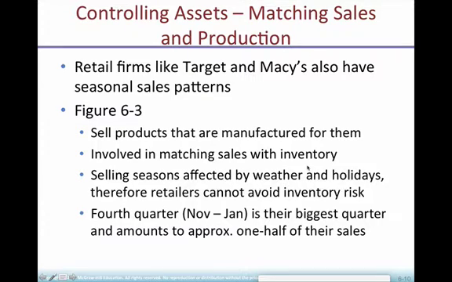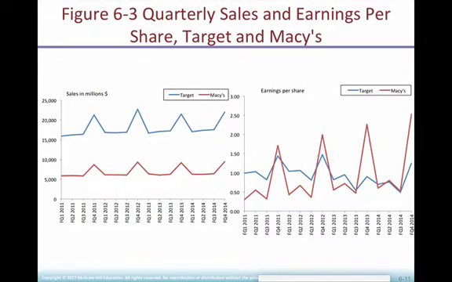Actually, lots of retailers make almost half of their sales in the fourth quarter, November to January, and this is when they use up the build-up in inventory if they go with seasonal production and with level production. And in graph format, this is how it looks. You see again seasonal production, peaks and lows, and here we have earnings per share that match that.